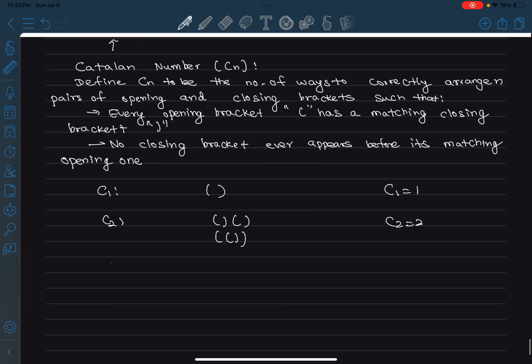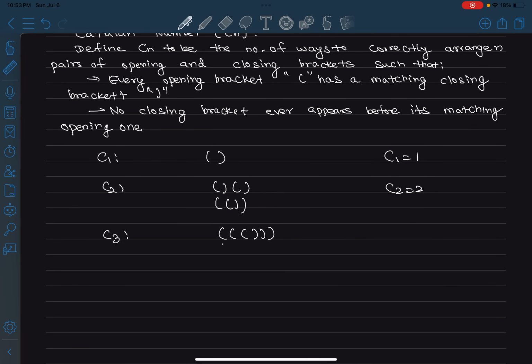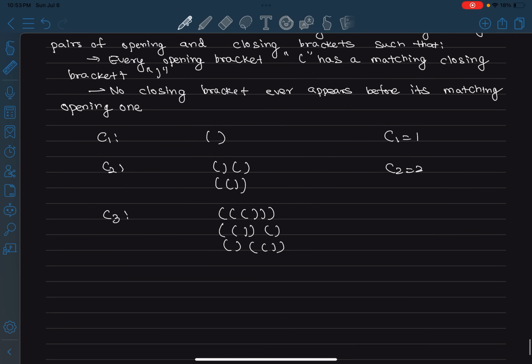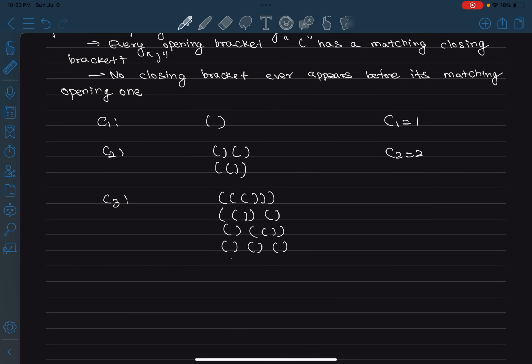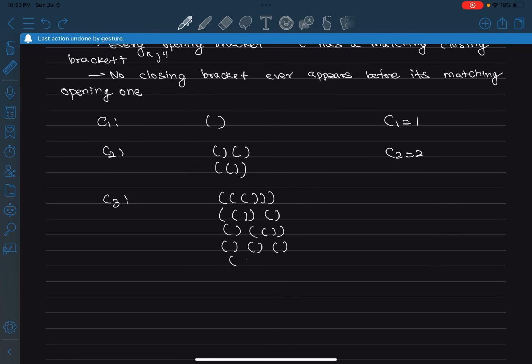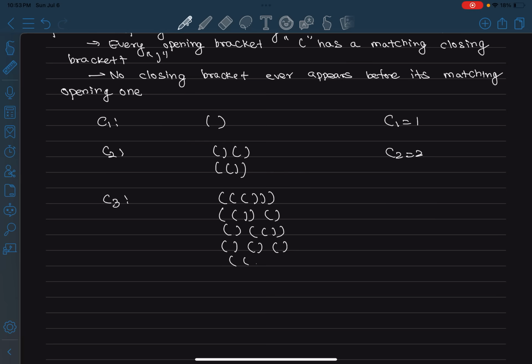Similarly, let's say if you want to find C3, you can maybe have something like this, or maybe something like this, or this, or even this. And then I can have something like this thing, and then this thing and this thing, right?